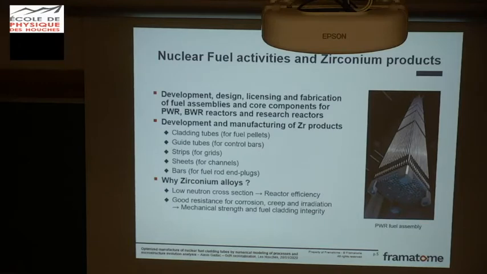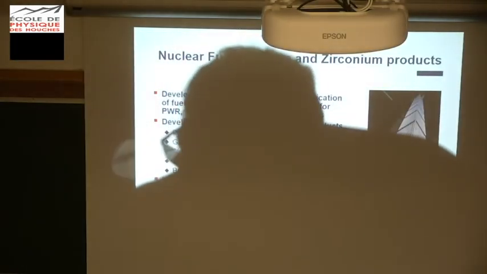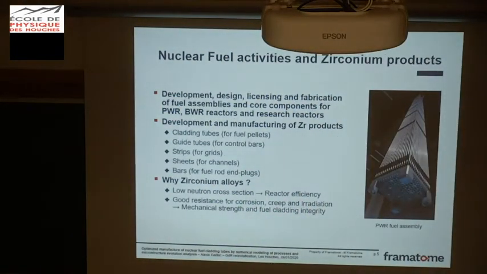So to make this kind of assembly, we have to produce different zirconium alloy components. First, the main one is the cladding tubes. So it's zirconium tubes, and we put inside the UO2 pellets. We have also some guide tubes for the control bars, but also for some instrumentation of this assembly.